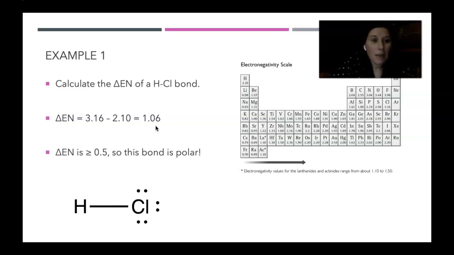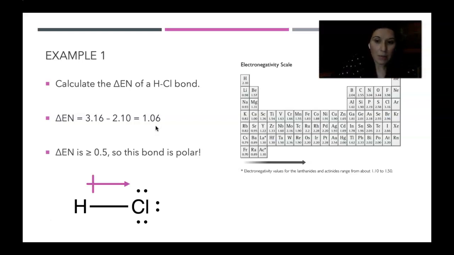So what does that mean when I look at the molecule itself? Well, this is our Lewis structure of HCl, so that means that chlorine is pulling more of that electron density of the bond towards itself. Chlorine feels more negative than hydrogen. It is more electronegative, and therefore hydrogen is more electropositive. We can indicate this with something called a dipole.